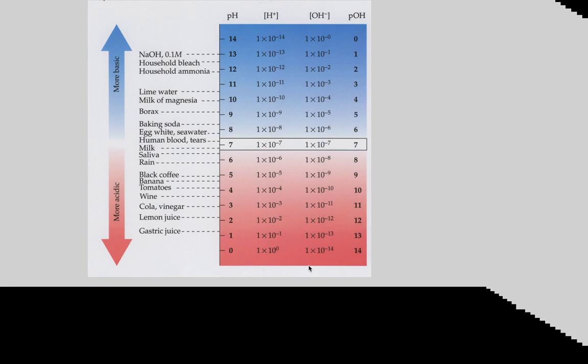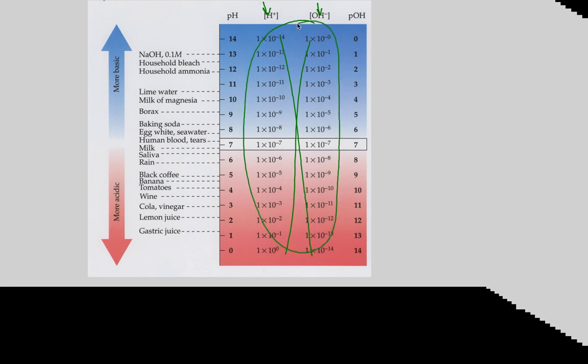If we put the world's longest multiplication sign down the middle, what will this column times this column always result in the product of? 10 to the negative 14th. So guys, these two together will always give us a product of 1 times 10 to the negative 14th. That's the whole idea with that Kw equation.